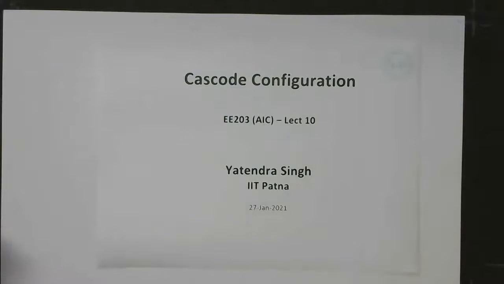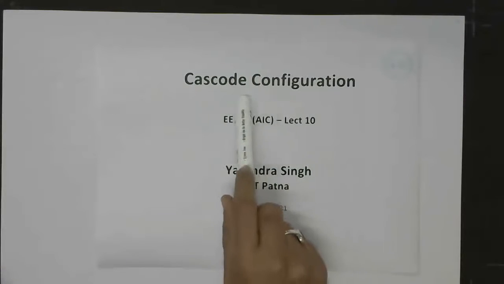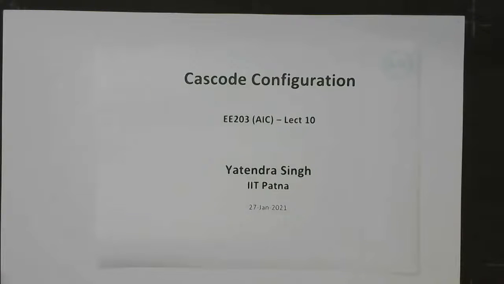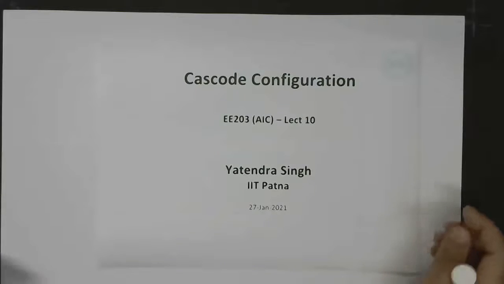But there are two main applications of the cascode configuration. The first is as an improved current source, and the second is as an amplifier with more gain. So first we will see its application as a current source.